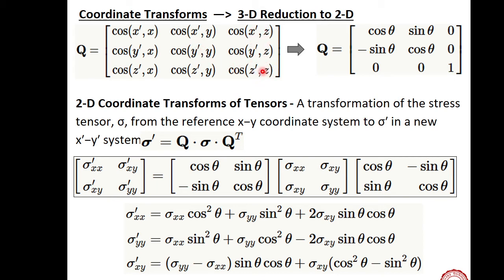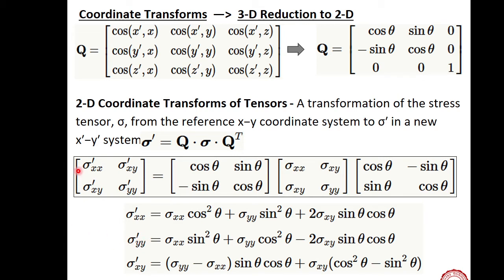The z and z prime directions remain identical, so this is 1, and these values are 0. And then for these particular values, one angle is theta, the other is 90 degrees minus theta. So this will become cos theta, minus sin theta, and cos theta. So this is the transformation matrix in 2D.